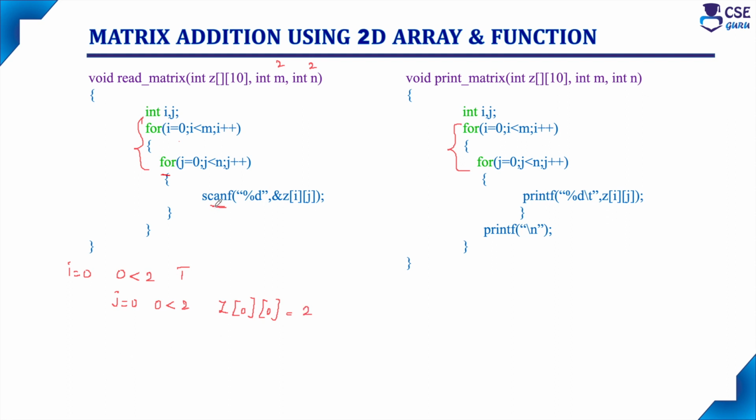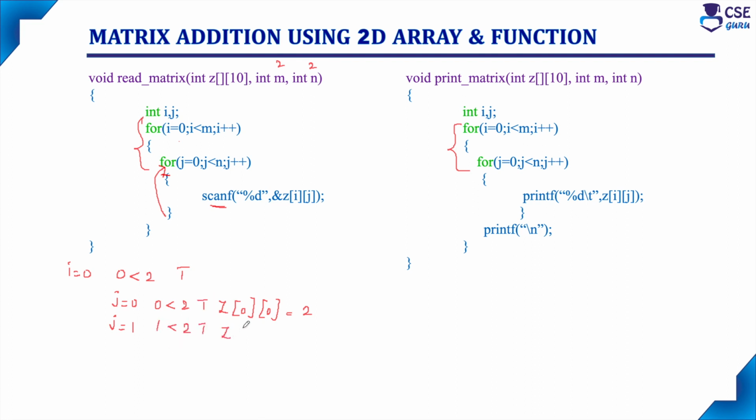Okay. Then after getting the input, control goes to the inner for loop. Keep in mind, the inner for loop condition should fail. Then only control goes to the outer for loop. So here the outer for loop i value is 0 only. Only the inner for loop gets incremented now. Okay. So j gets incremented to 1 now. Check the condition 1 less than 2. Condition is true.